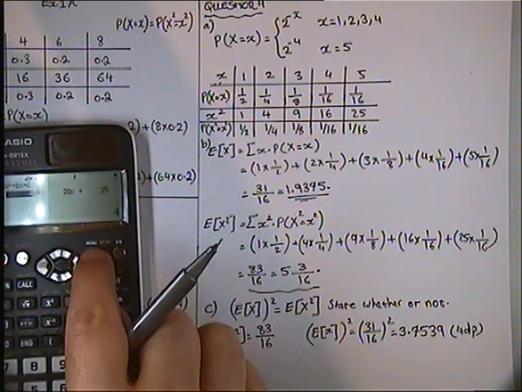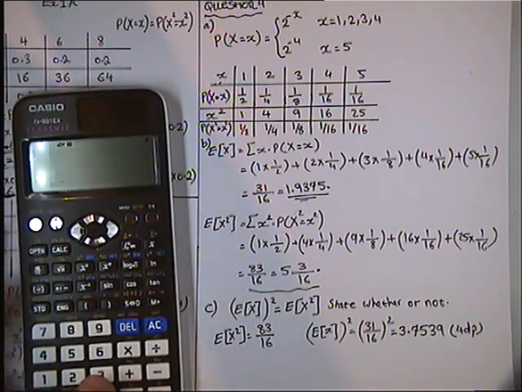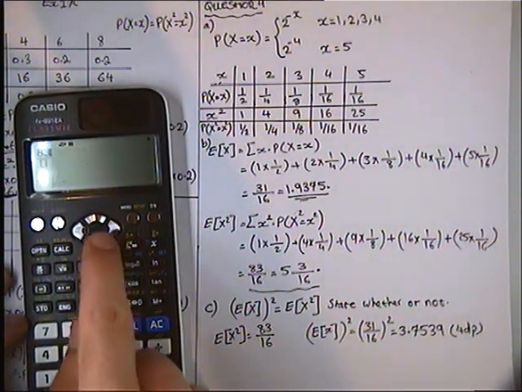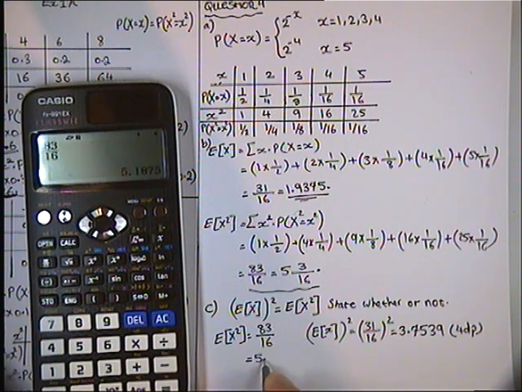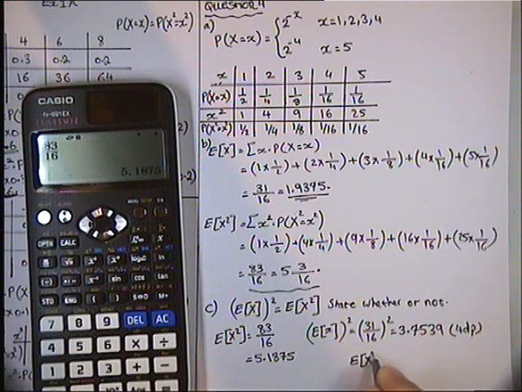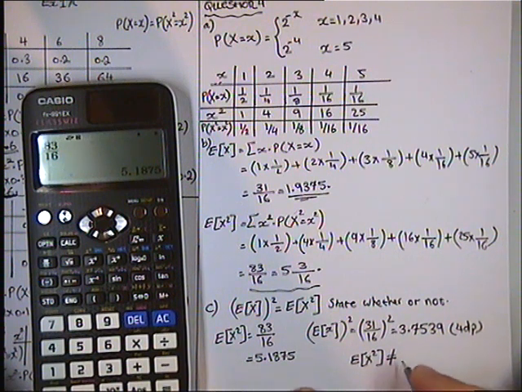So 83 over 16, which is equal to 5.1875. So therefore E of x squared is not equal to E of x whole squared.